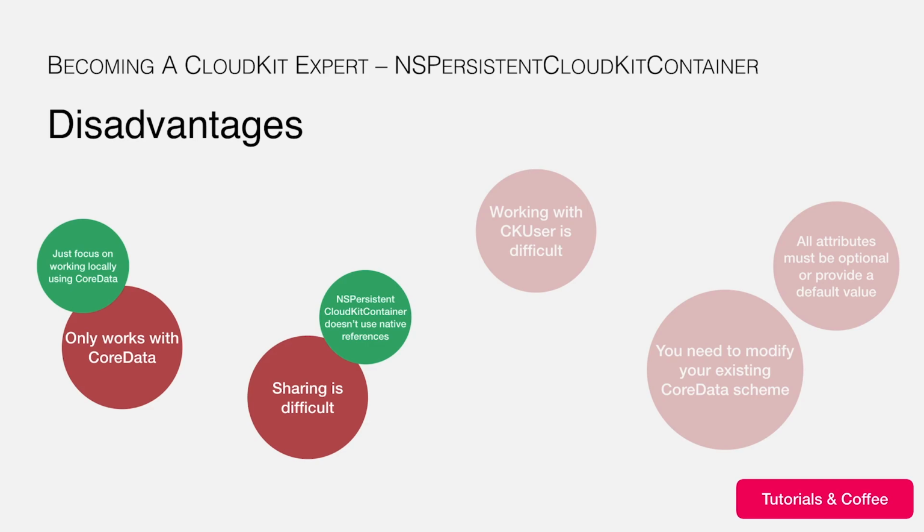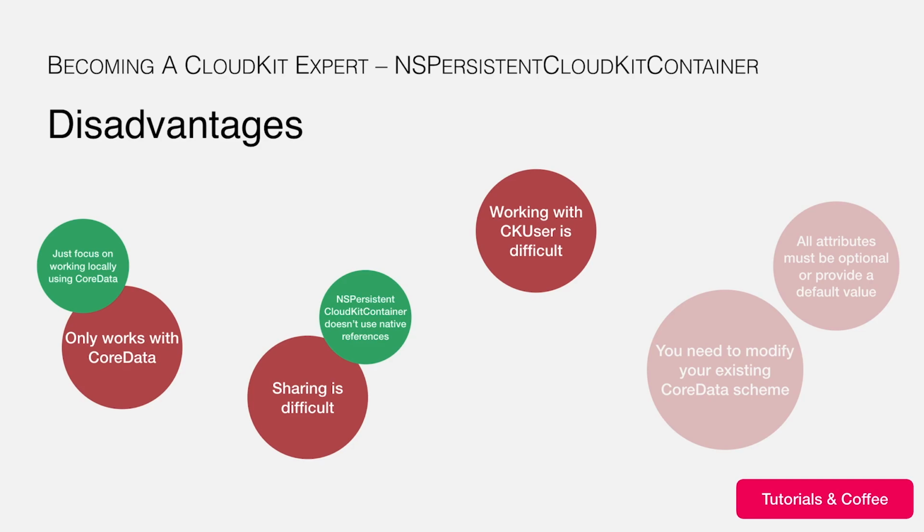Another rather small disadvantage is that we cannot use CKUser. That's a record type representing an iCloud user. Can be yourself, can be a friend. Can be sometimes quite helpful. But of course, since we do not work with CloudKit itself, we work with CoreData, and CoreData does not provide that class, we can also not use it.